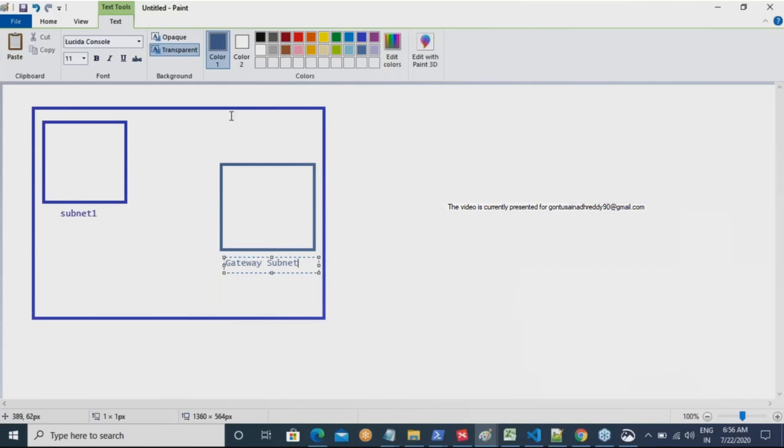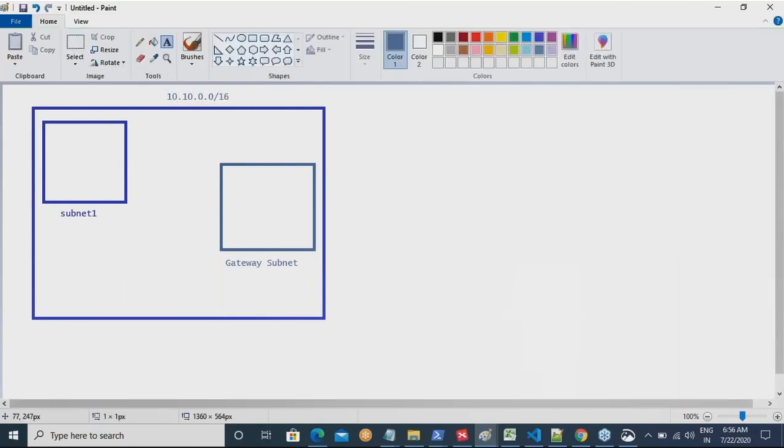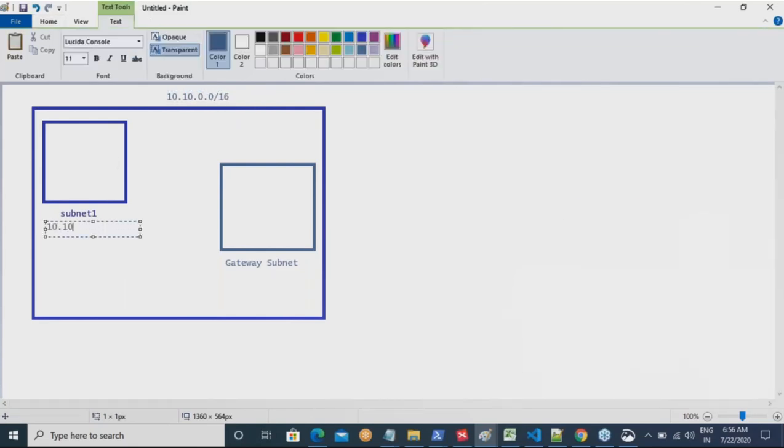Am I clear on this? So if your network range is 10.10.0.0/16, generally for these subnets, you will try to give the smaller ranges, right? 10.10.0.0/24. For the gateway subnet, it is always a good practice to give the largest range. 10.10.255.0/27 is enough, but let me give /24.